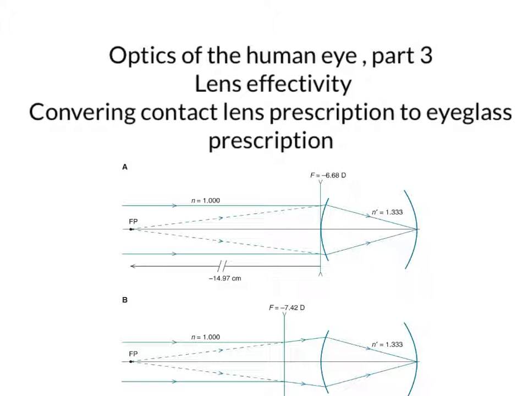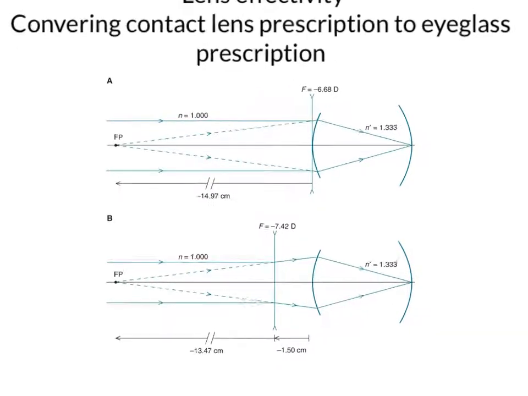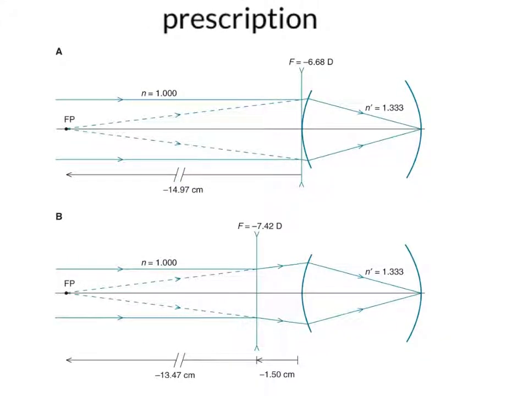So let's start off with this figure in my textbook. Let's say someone's wearing a contact lens prescription. This is a representation of a lens on the eye. Let's say the person is wearing a minus 6.68 diopter lens.